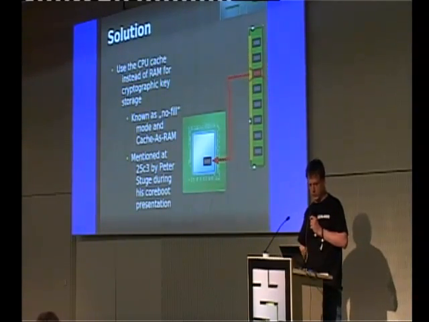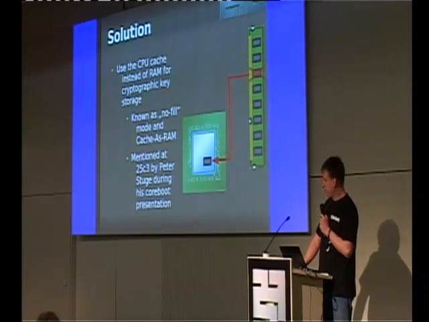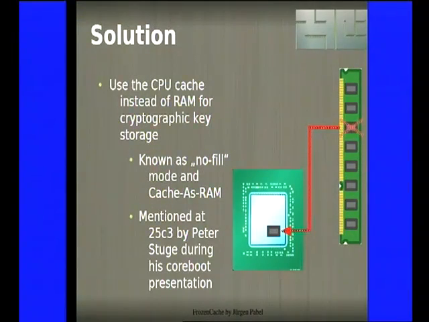So the idea was then to take this mode and apply it as a solution to the cold boot problem, and to essentially not keep the cryptographic data in memory anymore, but to move it onto the CPU, so that if you extracted the RAM, you don't get the cryptographic keys.